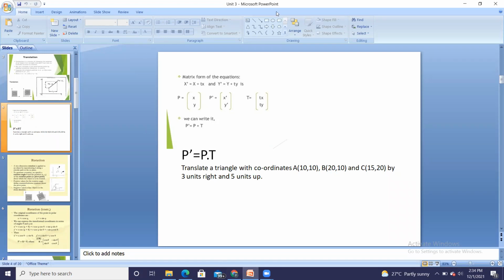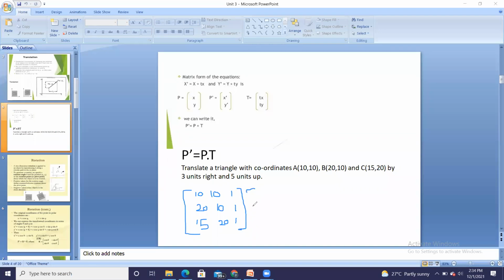If you remember, in the matrix, A is represented by its x coordinate, its y coordinate, and the homogeneous coordinate value 1. Then we have 20, 10, and again 1. And the third point is 15, 20, and 1. So we have this representation for a triangle.